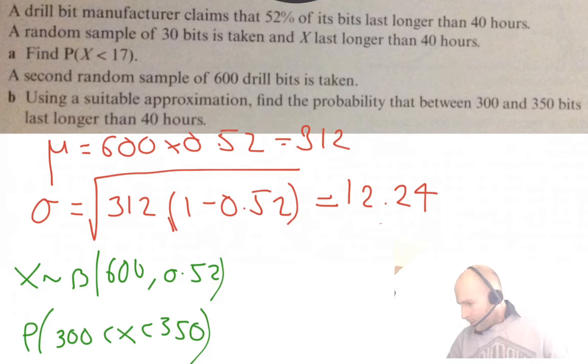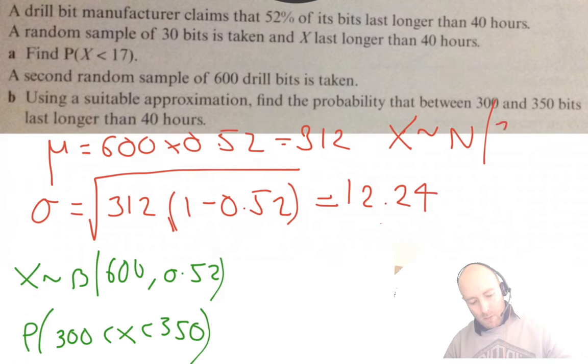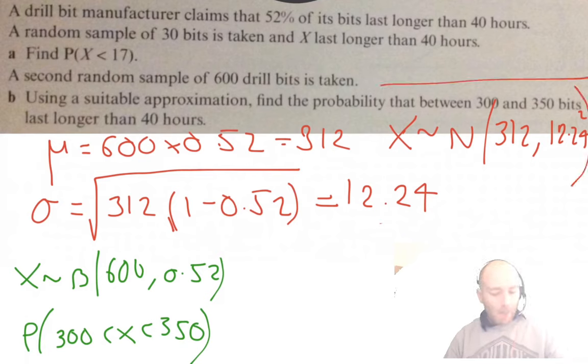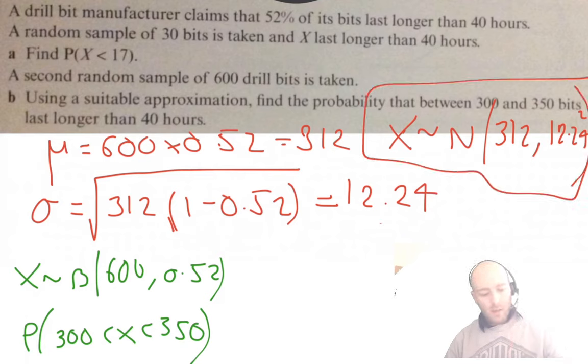Cool. Yeah, Sam, it looks like your upper and lower are not quite right there. So those are our two bits for our distributions. X is a normal with mean 312, sigma 12.24 squared. But we need to do a continuity correction.